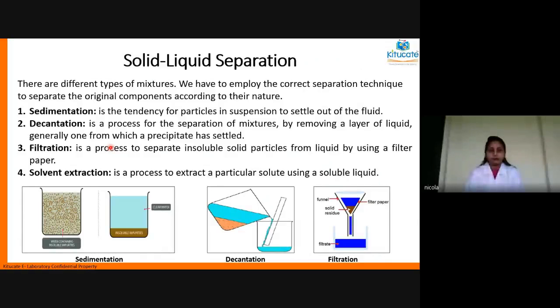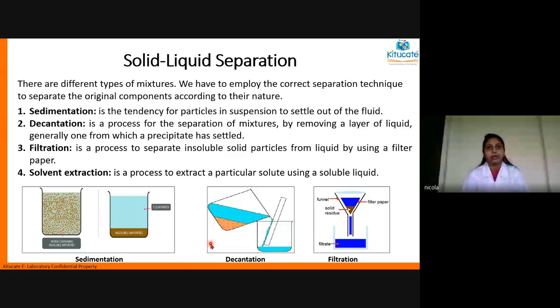Then what is decantation? Decantation is followed by sedimentation. When the sediment settles at the bottom, there is water on the top. So then you can pour that water into another container and separate the sediment completely from the water, the sand or the chalk powder completely from the water.